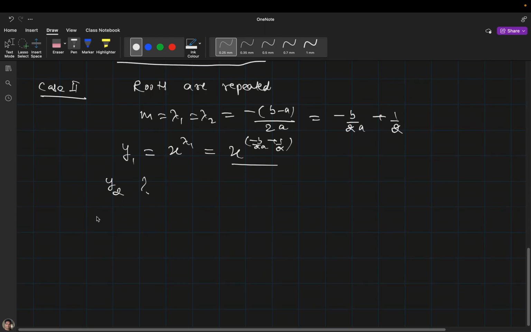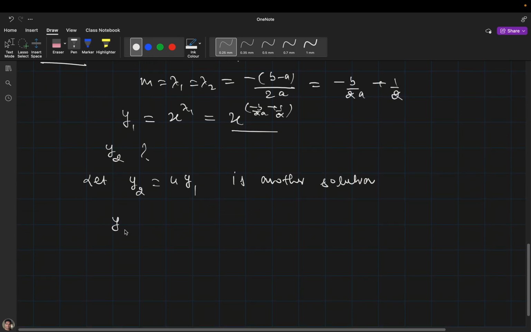Let y2 be u times y1, another solution. We'll use the same thing. Since we have already done this, if the other solution is like this, then we will directly use that formula. Can you remember?